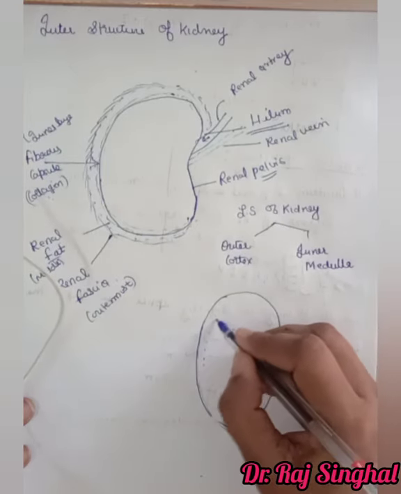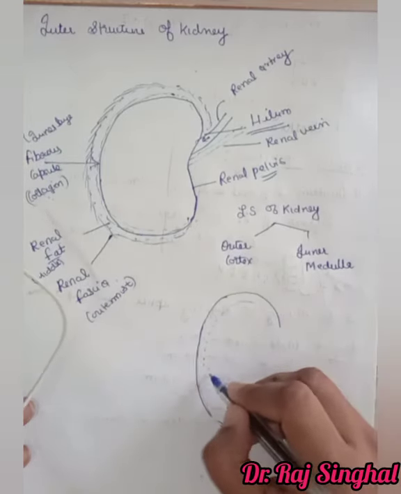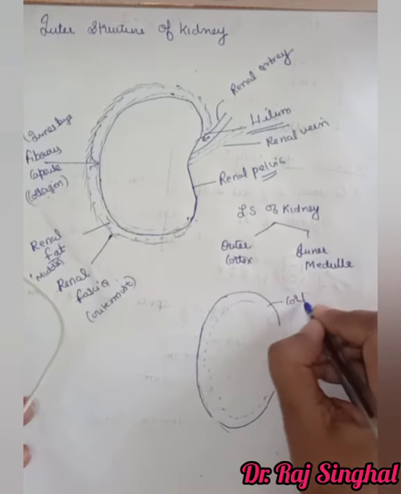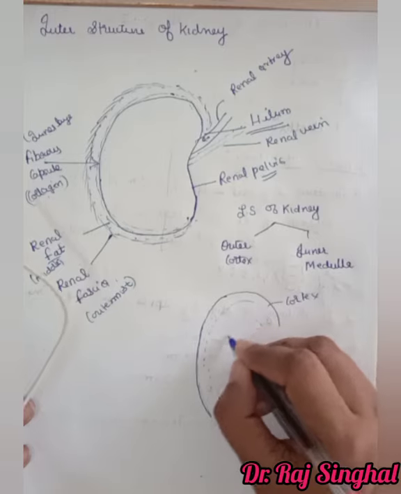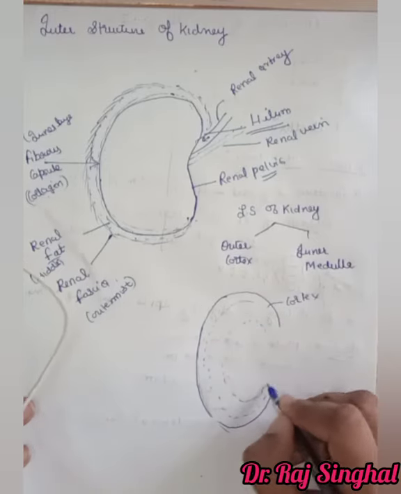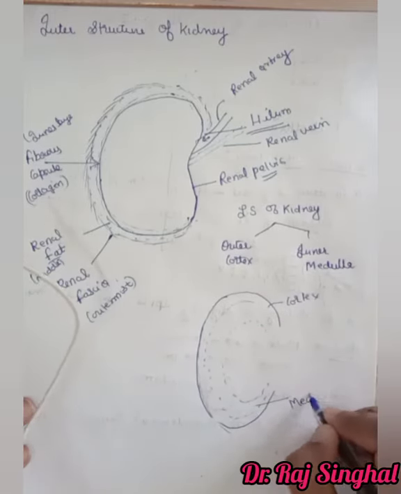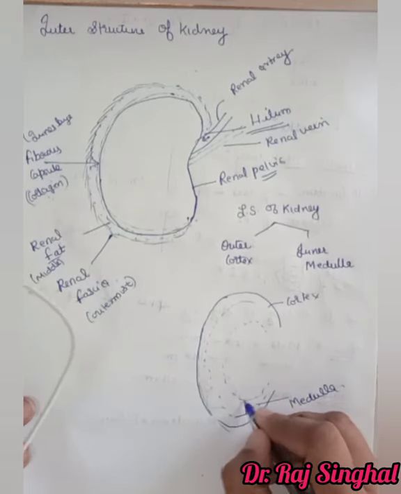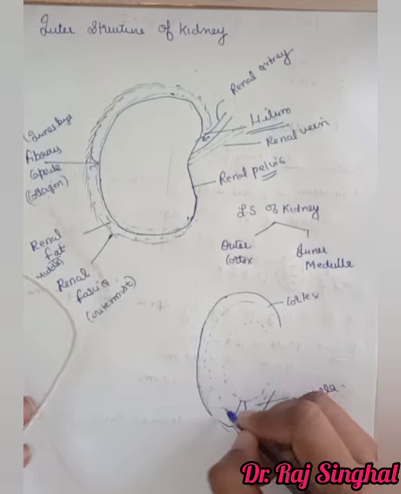This is the outer zone, that is cortex, and this is inner medulla. In medulla are present triangular pyramidal structures like this.